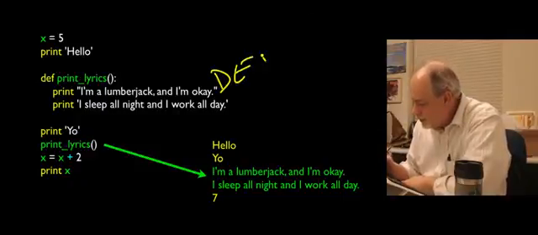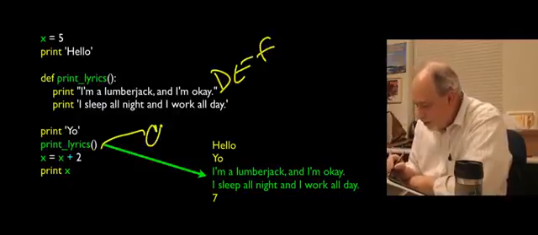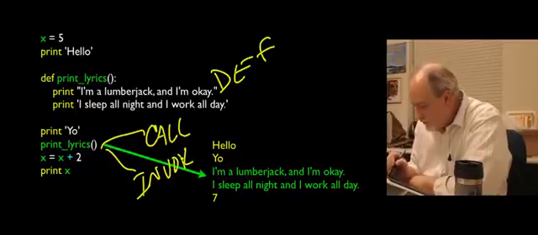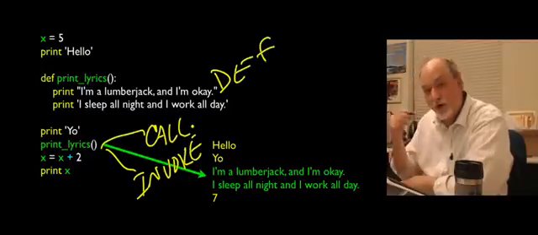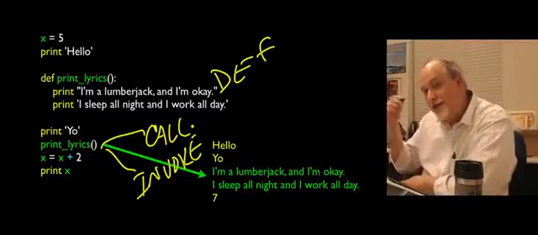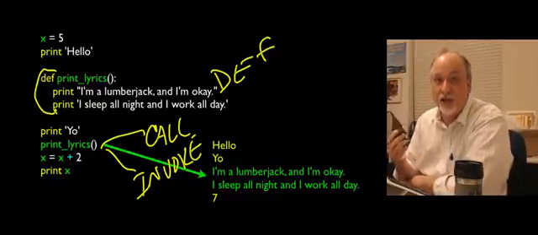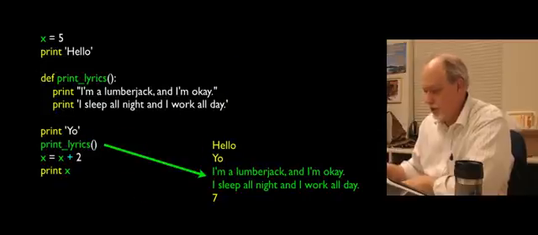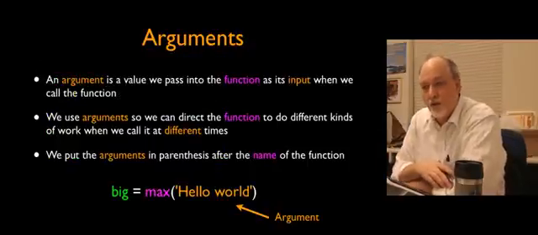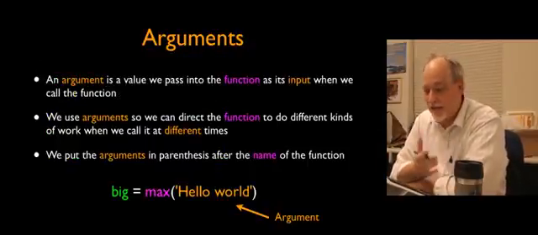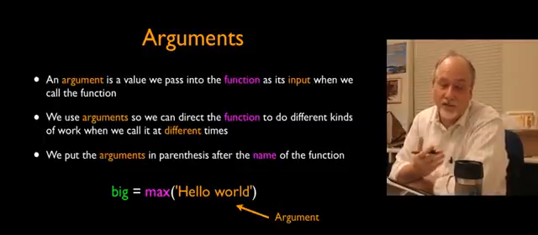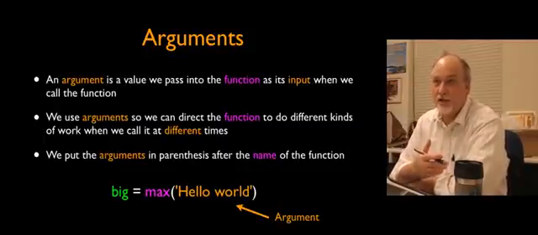This is the definition, this is the call or invoke. So we're invoking the function, we're calling the function, we're causing the function to execute. Here we are just causing the function to be looked at and defined, but not actually executed. Hope that's clear.